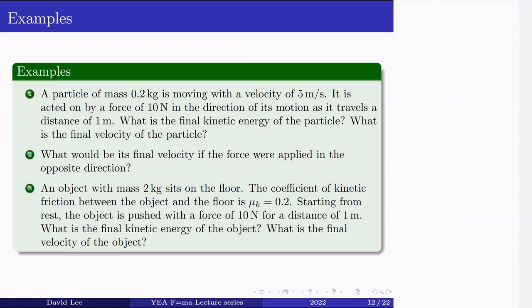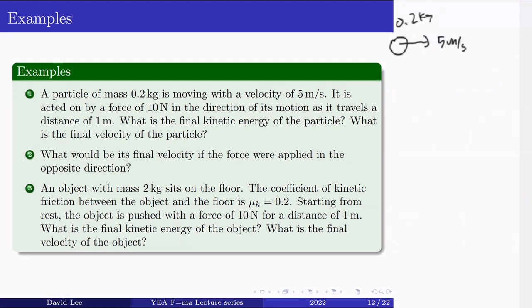So number two is similar to number one, but actually it's also slightly different, and you will see why as we go on doing this problem. So what we have is the same mass as in problem one, and it's traveling with a velocity of 5 meters per second, and it's 0.2 kilograms.